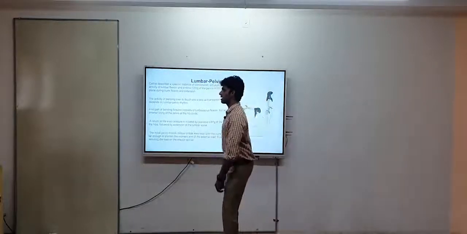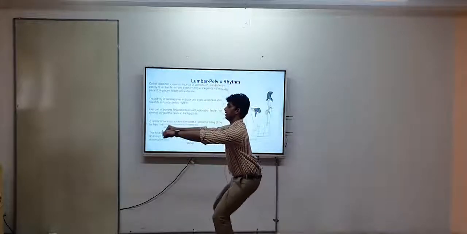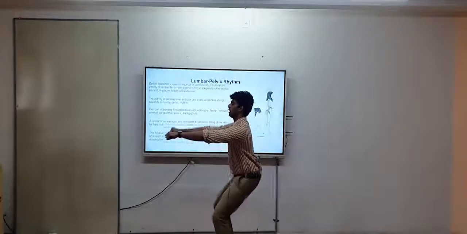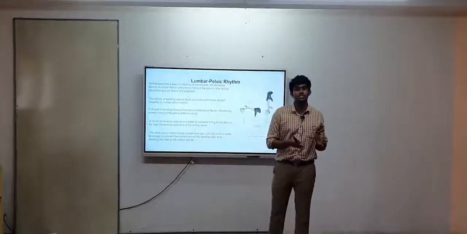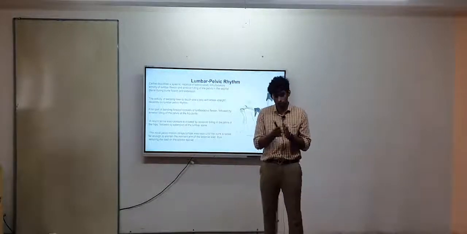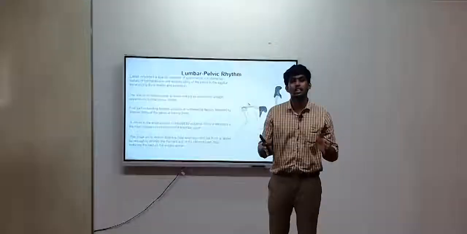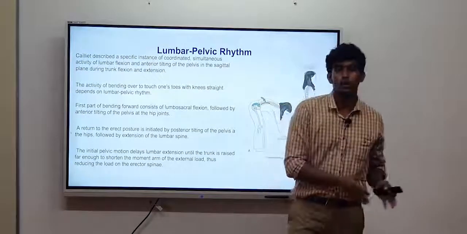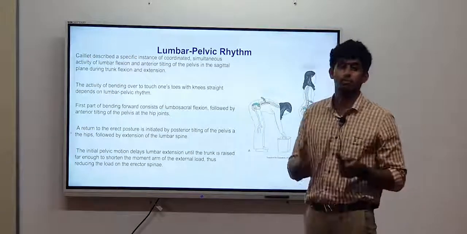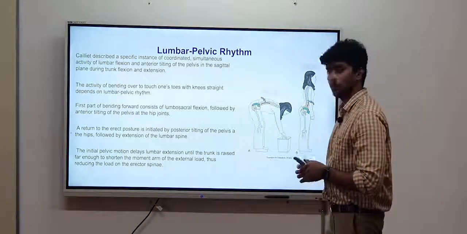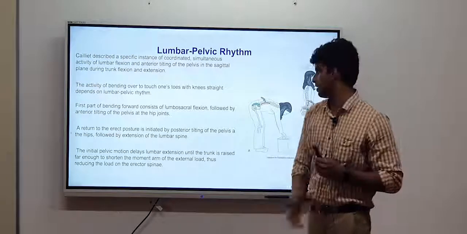The actual squatting is to make an arch here. In this way, you have to squat. If your muscles and the soft tissues are elongated further, then only you will be able to do a perfect squatting. For that, lumbo-pelvic rhythm is one of the examples. Like I am giving you an extra example.